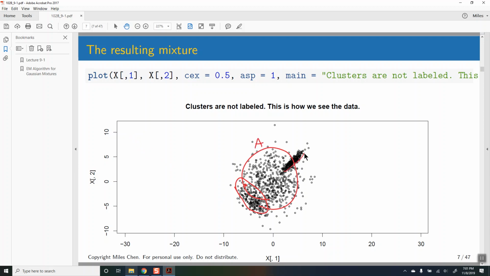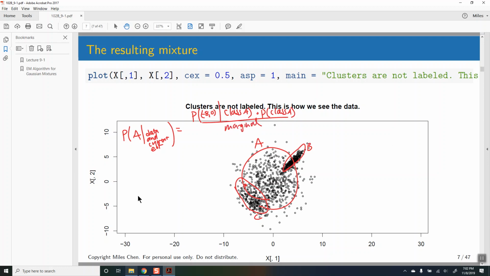If I call this one A and this one B, and this one C, the Bayes classifier is going to say the probability that it's A, given the data and current estimates, is equal to the probability of this point, which is negative 8, 0, if it were class A, times the probability of being in class A, divided by the marginal.